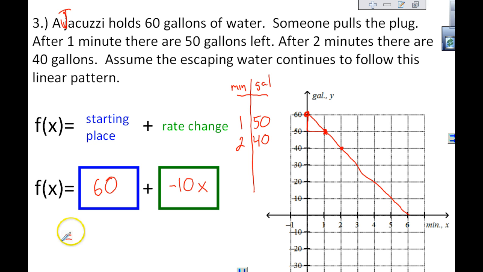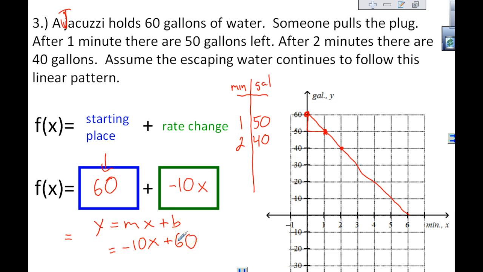On the homework, you actually want to write this switched around a little bit. We usually write it as y equals mx plus b. So we usually put the slope and everything first, so it would look like this: negative 10x plus 60. We actually start with this number when we're working, but it's at the end of your equation.